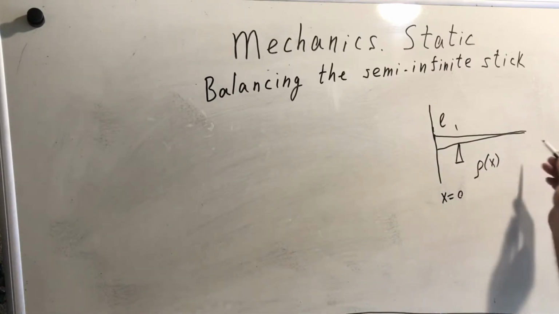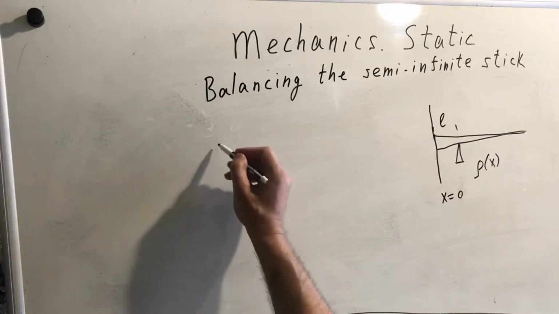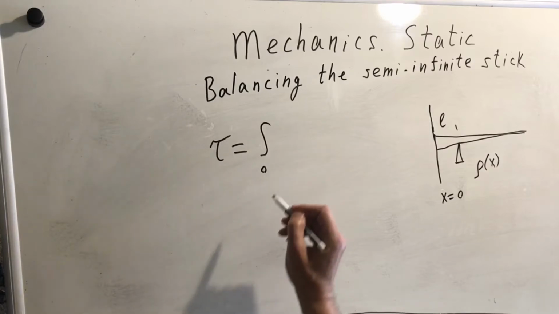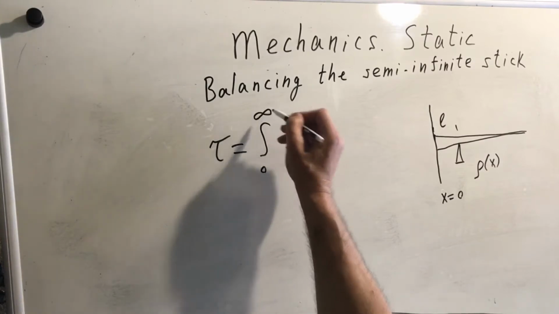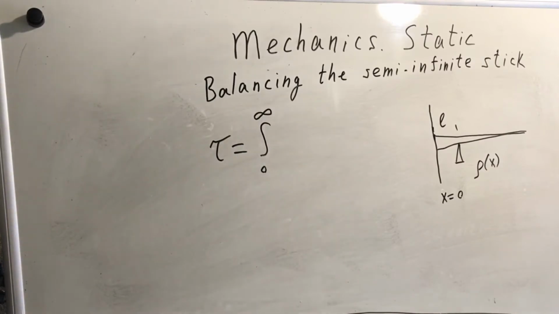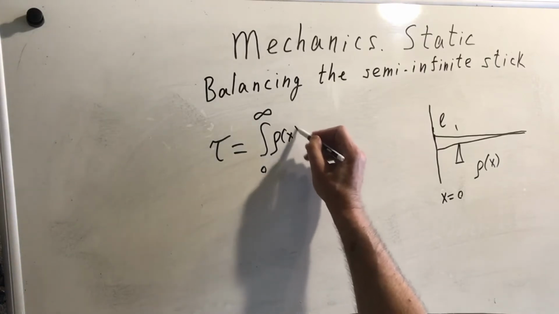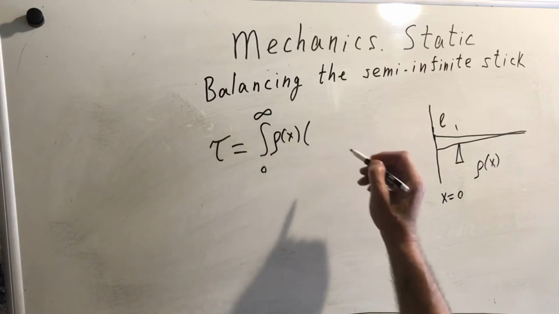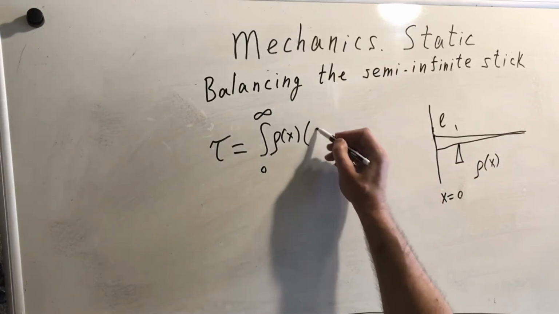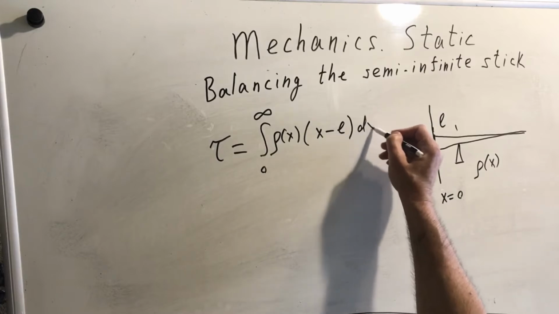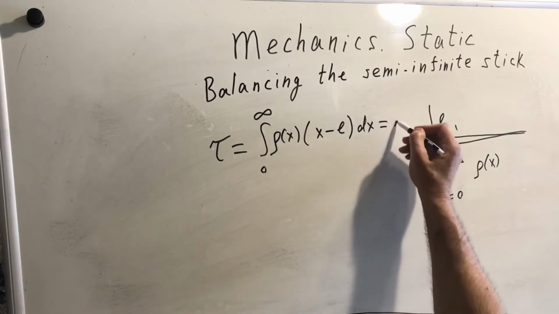For balance, we need to write the equation for torque, which is equal to the integral from 0 to infinity of rho as a function of x multiplied by (x minus L) dx, and that's equal to 0.